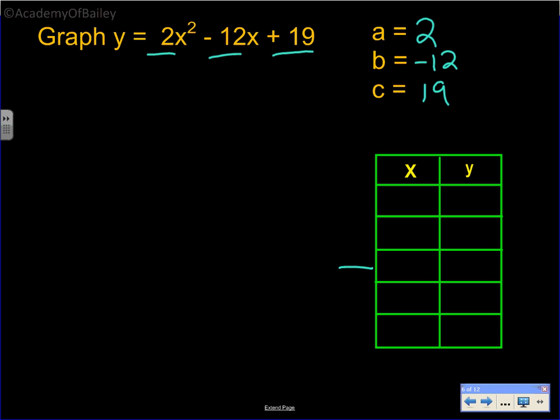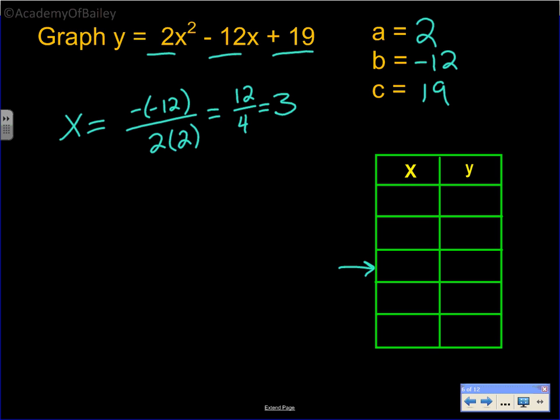First step, find the x-coordinate of the vertex. x is equal to -b over 2a, so that's going to be -(-12) over 2 times 2. -(-12) makes a +12. 2 times 2 is 4. And we know 12 divided by 4 is 3. So the x value of the vertex is 3.